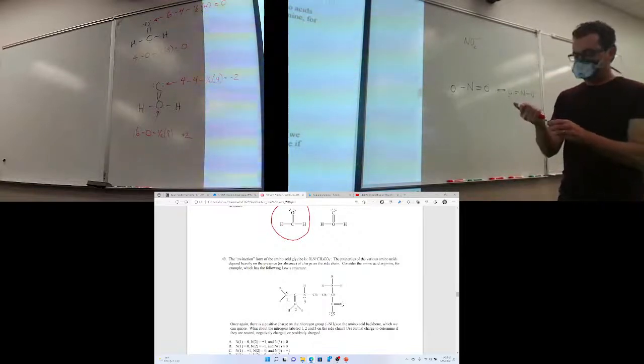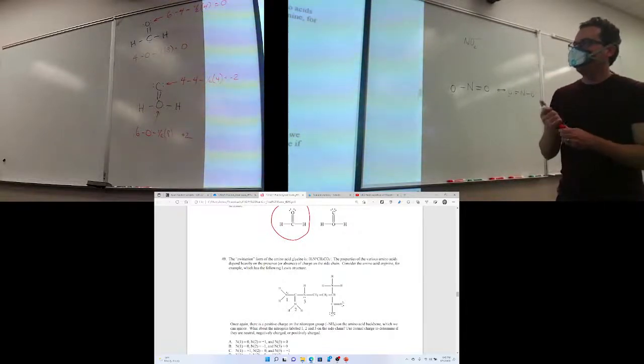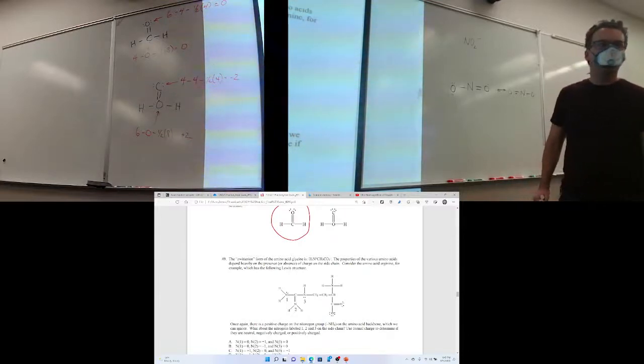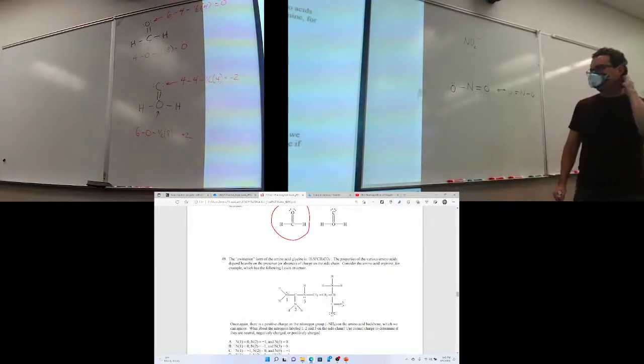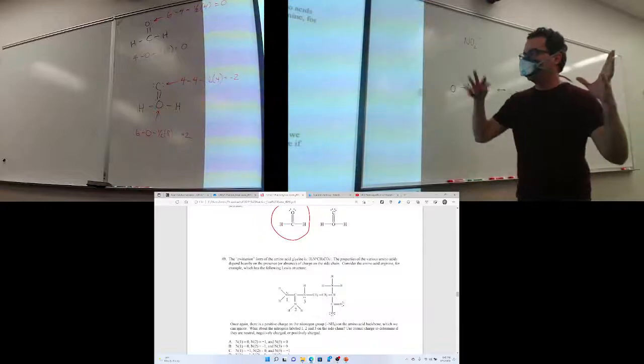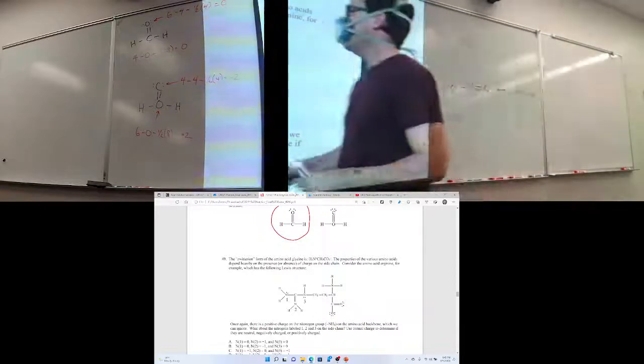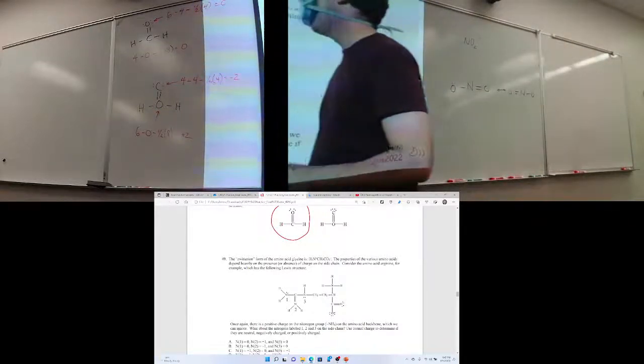So this is a Zwitter ion. If you take any bio or molecular biology and you studied amino acids, they can be drawn 2 different ways. One way is the neutral way, the normal way. Another way is this Zwitter ion way.